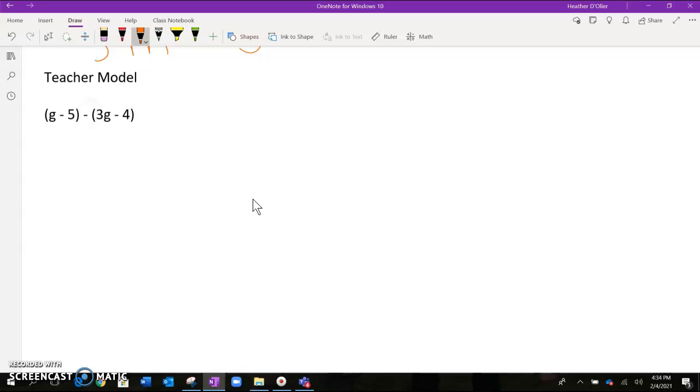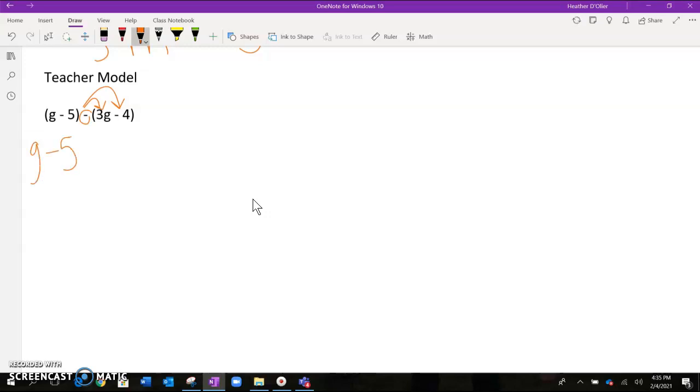So again, I have that minus sign right outside of the parentheses. So it makes everything inside the opposite, the inverse. So I'm going to rewrite this expression. I've got g subtract 5.